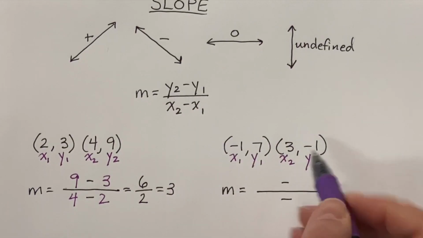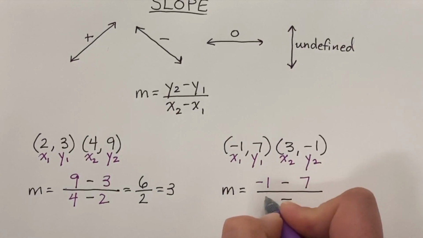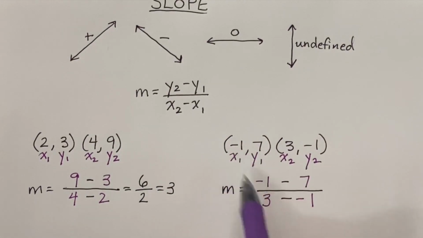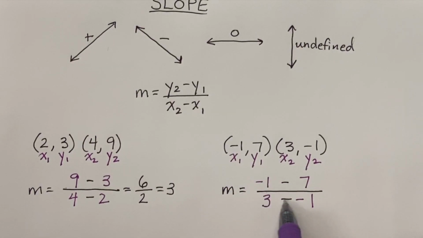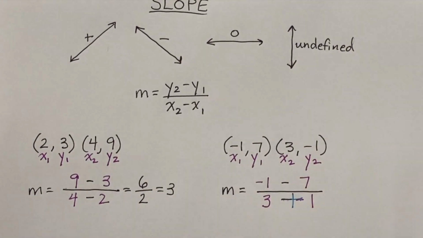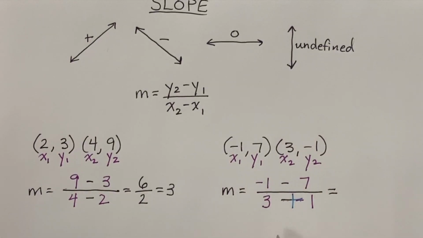Y sub 2, upper left, y sub 1, upper right, x sub 2, lower left, x sub 1, lower right. Now notice, the formula has a minus and my x sub 1 was a negative, so I've got 2 negatives, and we know that 2 negatives make a positive. So when I go ahead and do the calculations, I have to be very careful of that.